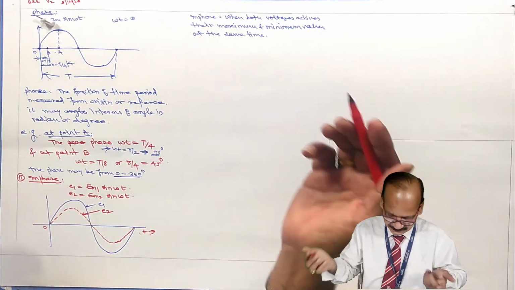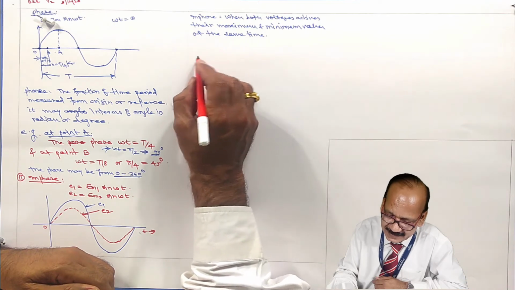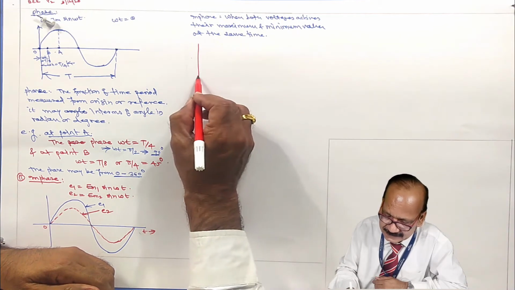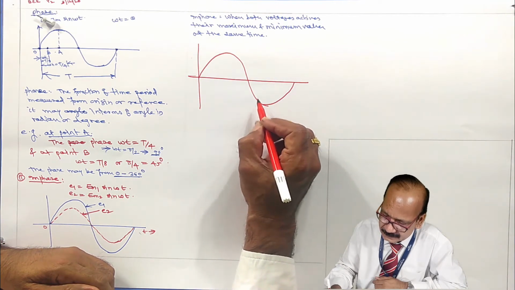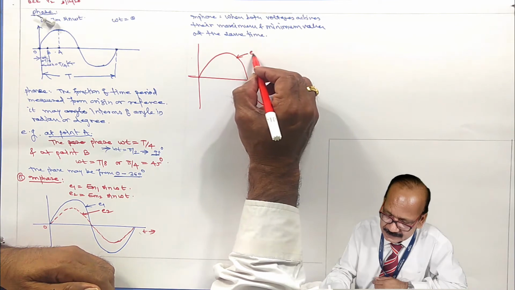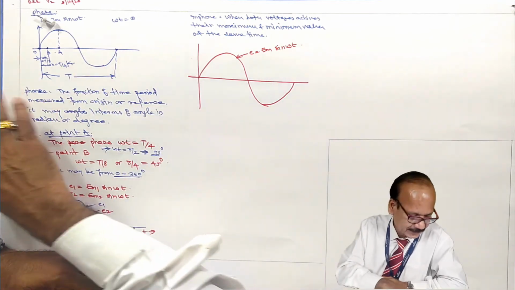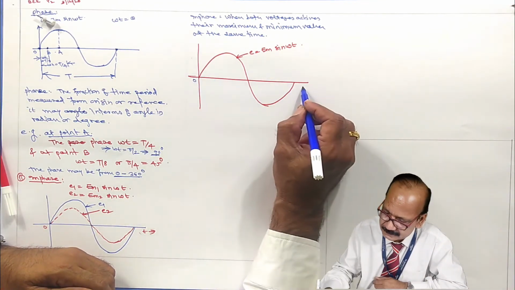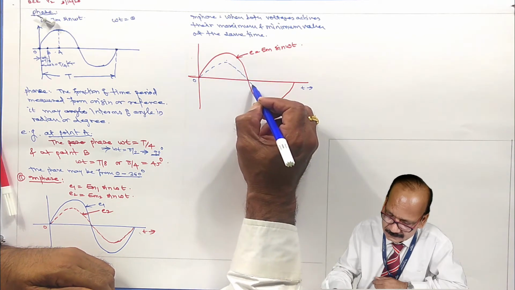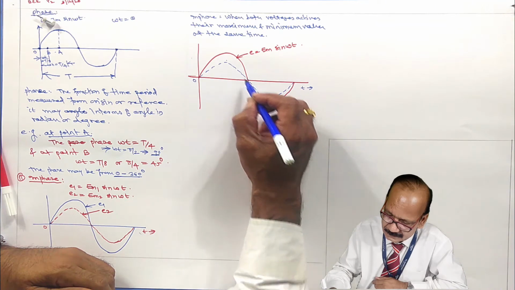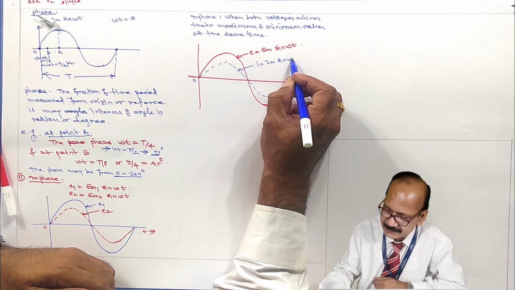Now this can also be expressed by means of voltage and current. Let us consider, see, this is the voltage, E equal to E max sin omega t, and I equal to I max sin omega t.